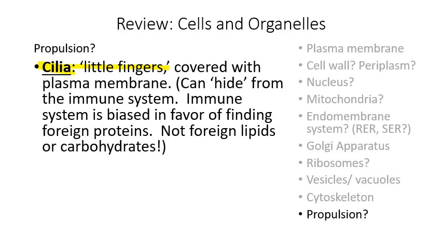The human immune system is not very good at spotting foreign phospholipids because they look just like our phospholipids. So by covering your cilia in a phospholipid bilayer, you're able to hide from the human immune system.